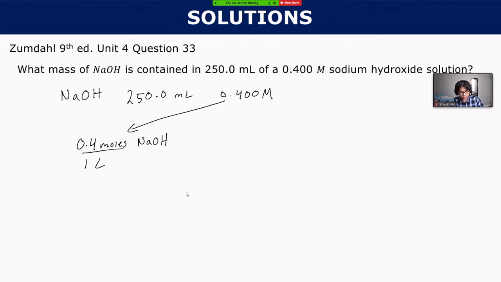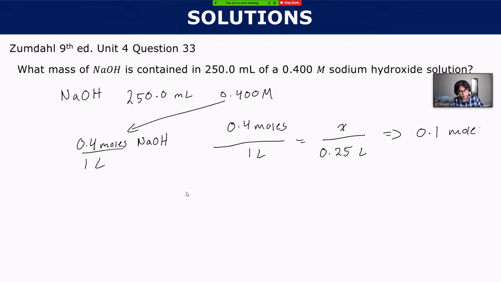So if we know that in 1 liter there's 0.4 moles, how many moles are going to be in 250 mL or 0.25 liters? And you can do the math, and it's going to come out to 0.1 moles. So in a 250 mL solution of 0.4 molar sodium hydroxide, you're going to have 0.1 mole of sodium hydroxide.